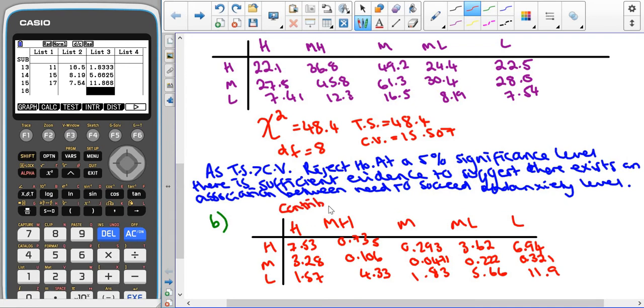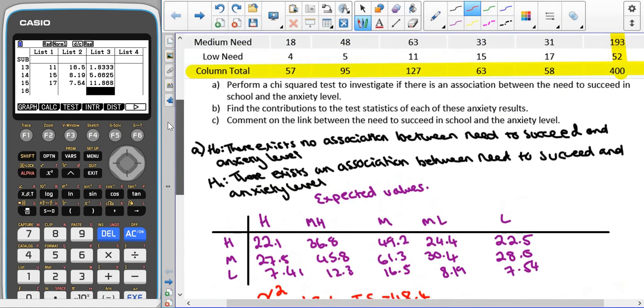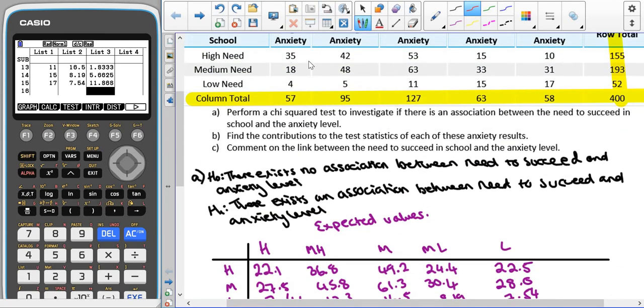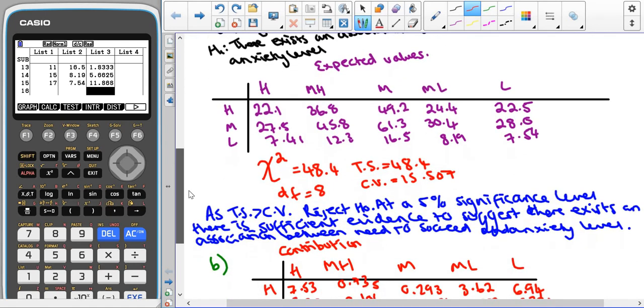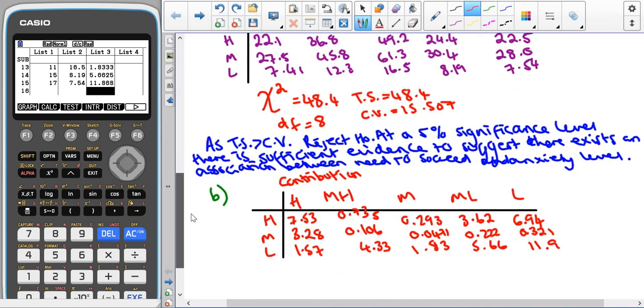Now, what the contributions actually are is it tells us how much each value has contributed to our test statistic. And the way that it contributes is that it looks at the difference between the observed and the expected, and it looks at the proportional difference of those values. So the bigger the difference between your observed and your expected values, the bigger the contribution is going to be for that value.